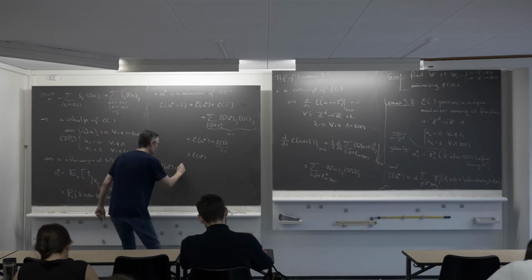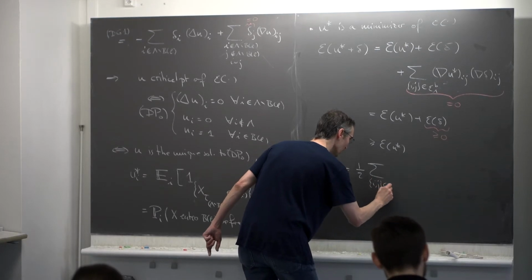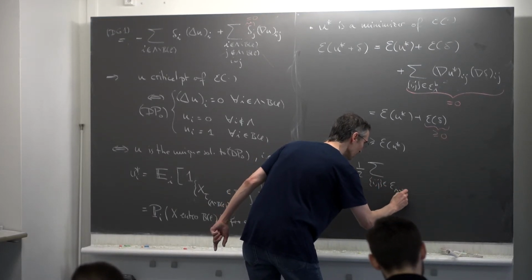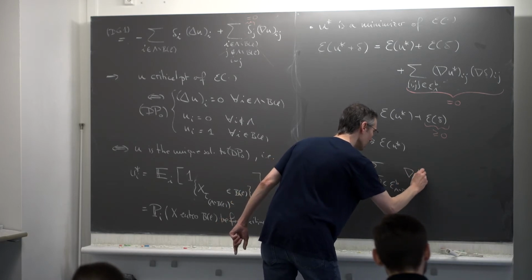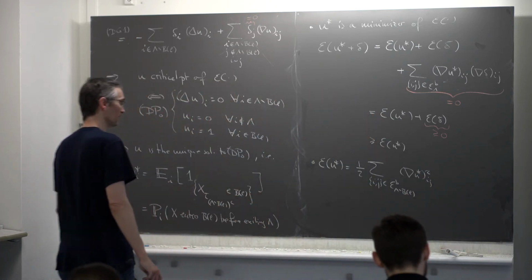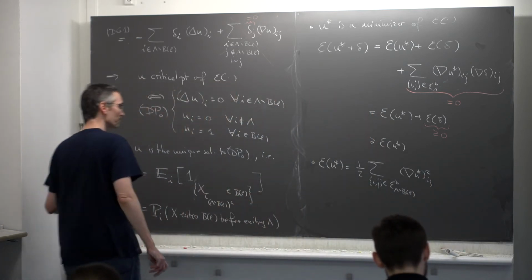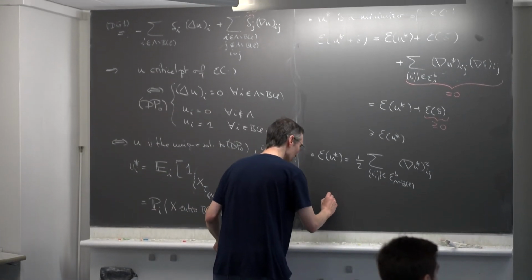Well, we have a definition, so it's 1/2 sum over all ij in E lambda minus BL of the gradient u star ij squared, by definition of the Dirichlet energy. Again, you use this discrete Green identity.